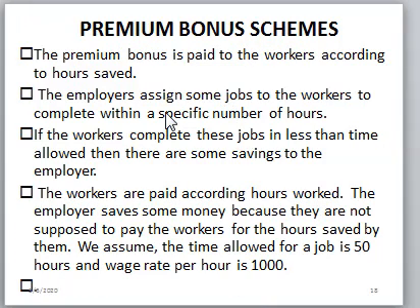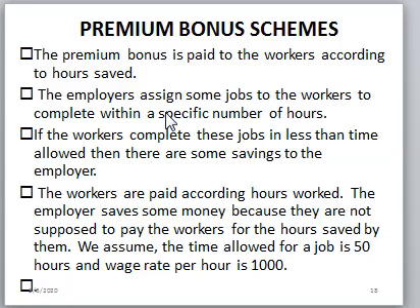So let's look at what we mean by premium bonus schemes. When you talk of premium bonus schemes, an employee beats the target or produces below the target time. For example, an employee may be told he's supposed to use 100 hours to produce.